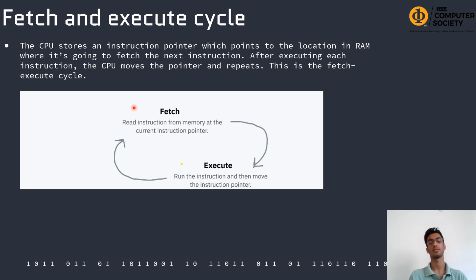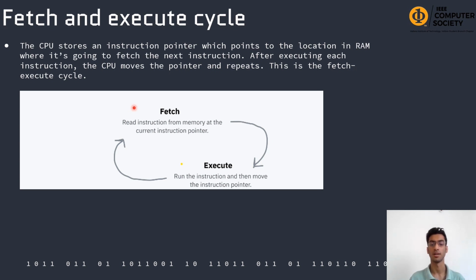However, this concept raises several questions. If the CPU performs one task at a time and then moves to the next task, then how are we able to multitask? For example, we are able to browse an article on a web page while at the same time having YouTube or music running in the background.